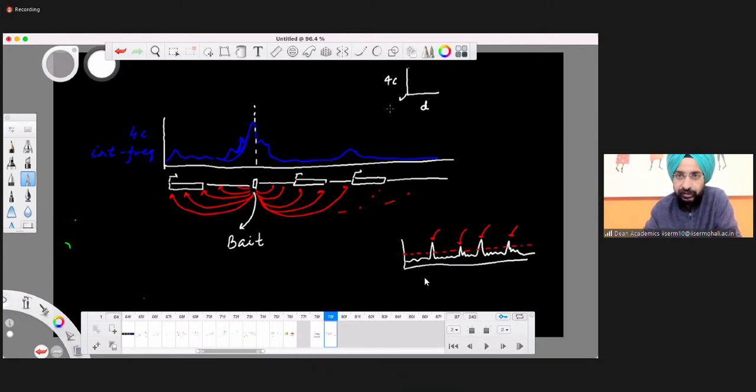Here is your bait. And then the signals are decreasing, right? So we need to fit a regression. Ideally, we fit the regression on this data like that, and translate that regression's coordinates onto this data. If you directly fit on this, there are other technical issues.